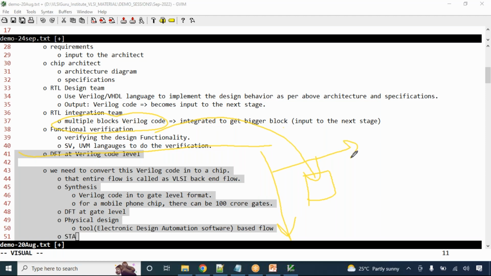That process we call the back-end domain. Now, is it like magic that it will just happen? You just take code and a chip will automatically come? No, right? They have to go through a very complex process.